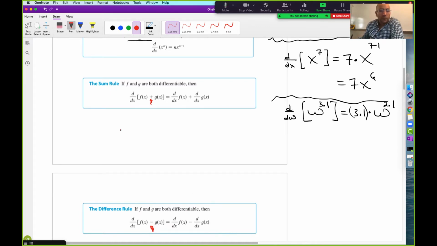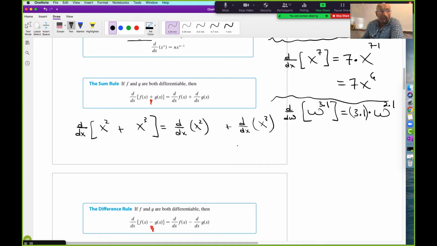So, for example, a quick obvious little example here. If we had d/dx of x cubed plus x squared, then according to this property, what we could do is take the derivative of one of the functions, x squared, find that answer, and add it to the derivative with respect to x of the other function, x to the 3rd power.